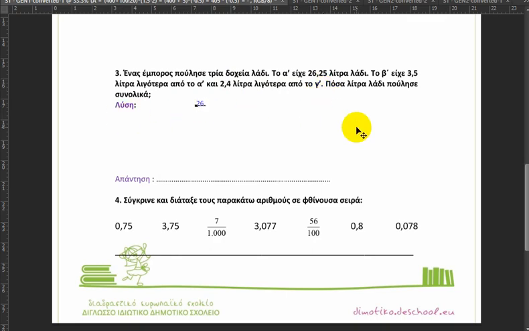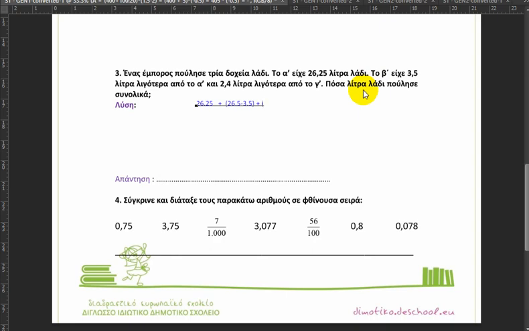So A is 26.25 plus the other one, which is 26.25 minus 3.5, plus the third one, which is however much B is plus 2.4.